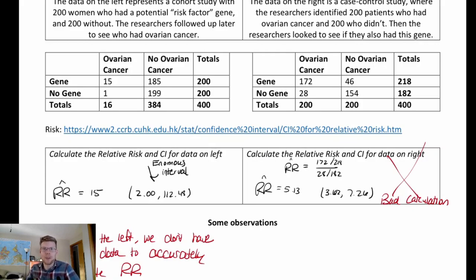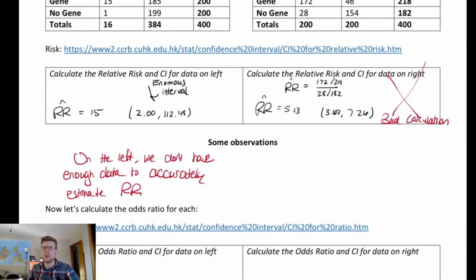Obviously, that's a possibility. There's some studies that do that. But if we can't do that because of resources or whatever, then it's just going to be really hard to get a good estimate of the true risk for ovarian cancer in each of these groups, especially the no gene group for comparison.